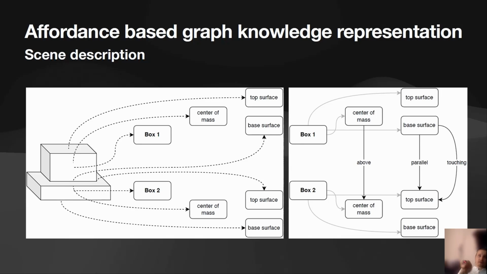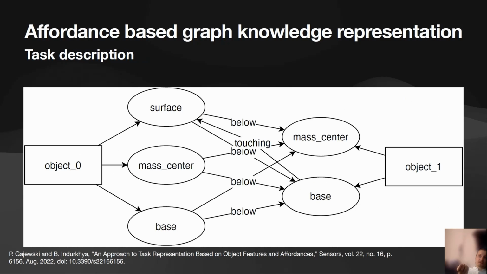Now, this was the description of a scene, what I am seeing, and from a bunch of those scene graphs, we can infer what the task was about. The system can compare several graphs from demonstrations and infer knowledge about the task that it has perceived.